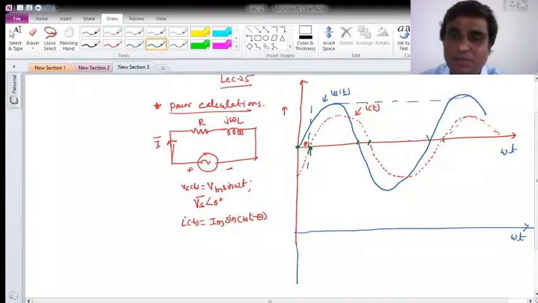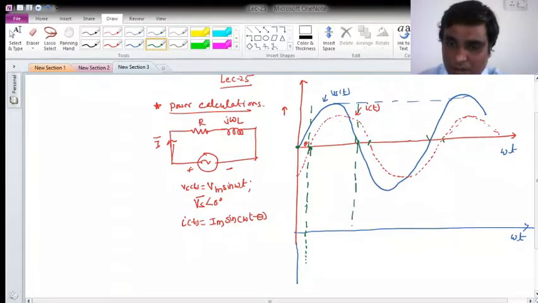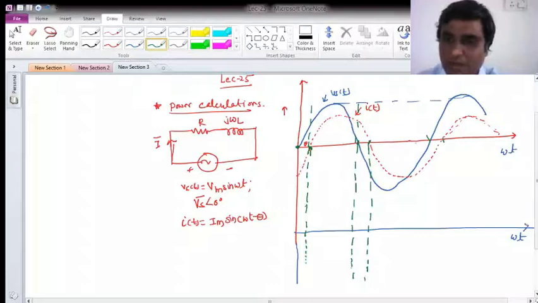Let me divide into a number of segments. I am observing these different segments because my voltage and currents are in different magnitudes, so power may sometimes be positive and sometimes negative. I am interested in which area power is positive and where it is negative, so that I will be able to know whether the source is delivering the power or absorbing the power.